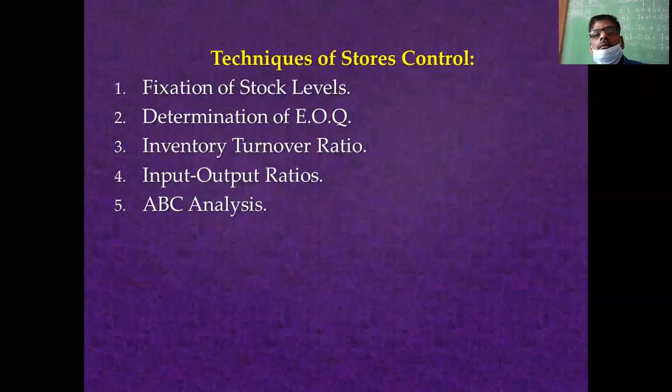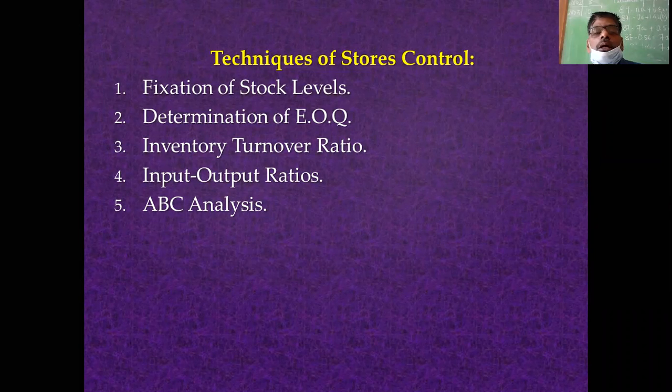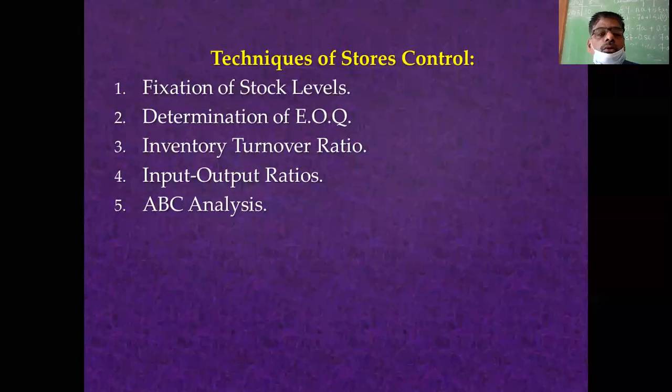Material comes in the godown, material goes out of the godown. Material comes from the supplier to the godown, and that material goes to the production department. How many times you have to fill the material in the godown, we study in the material turnover ratio.